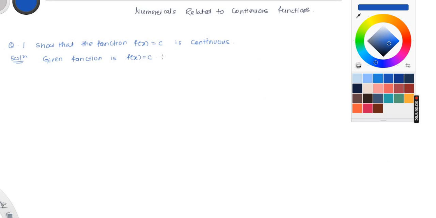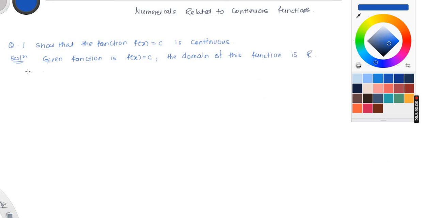If you observe carefully, you can clearly see the domain of this function is the set of real numbers.